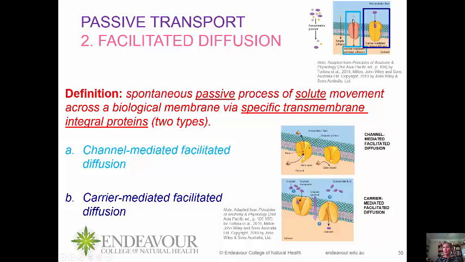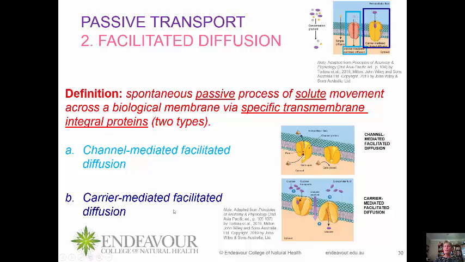So if you have a look up in the diagram here, you've got channel-mediated. If you remember, one of the 6 functions of your plasma membrane proteins was acting as an ion channel. So channel-mediated facilitated diffusion utilizes ion channels, and it means that the particle can go straight through.